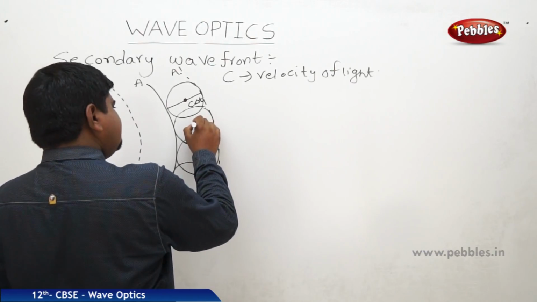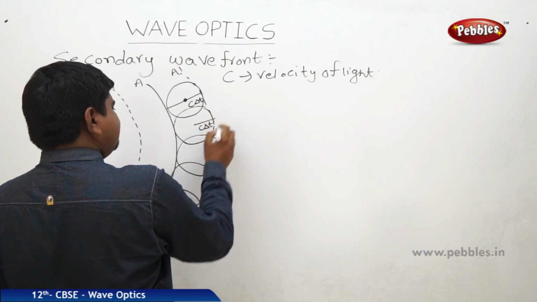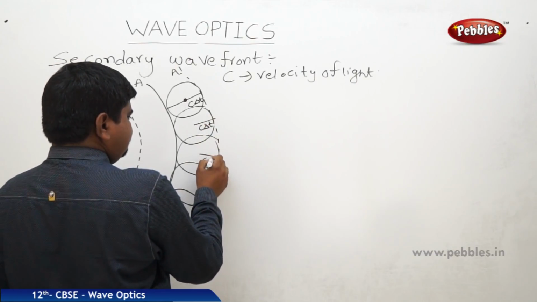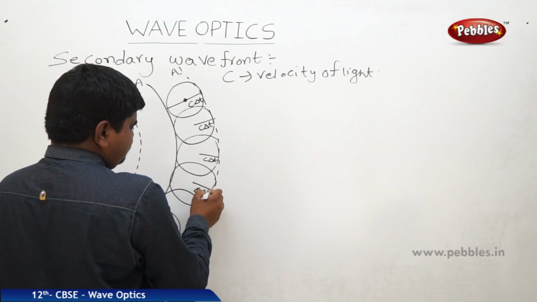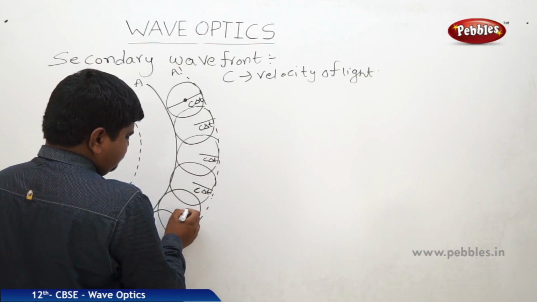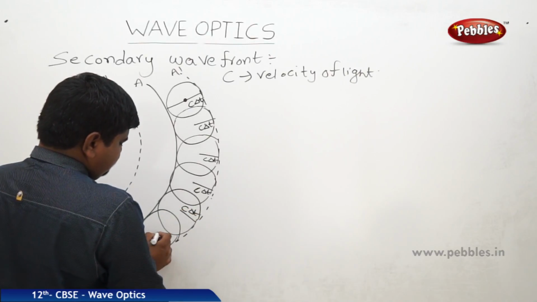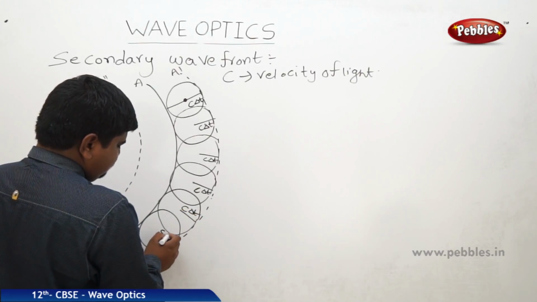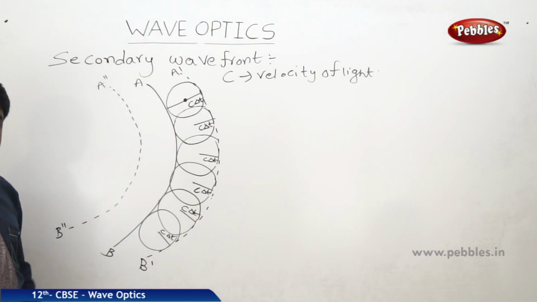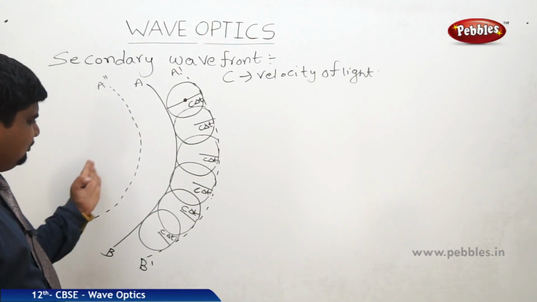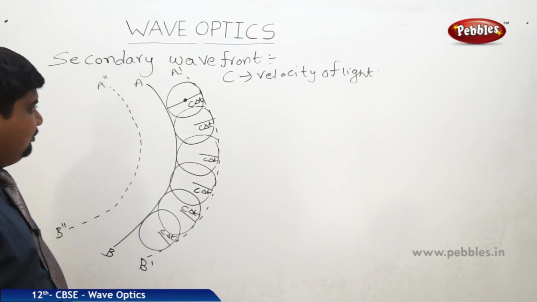So each one's distance is c delta t. So like this is the shape of secondary wavefronts within a given wavelet.